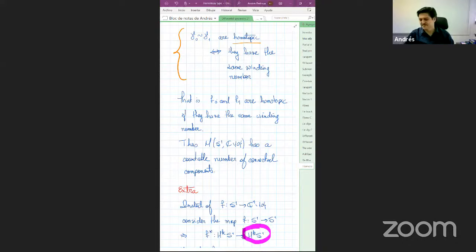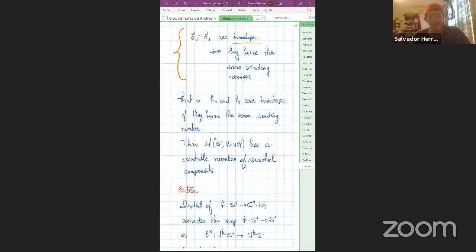Salvador? Yeah, I can't remember either. Come on, guys, you need to study for this. You need to take it seriously. So for k equals 0 and 1, it is R. And for the other cases, it is 0. Right?